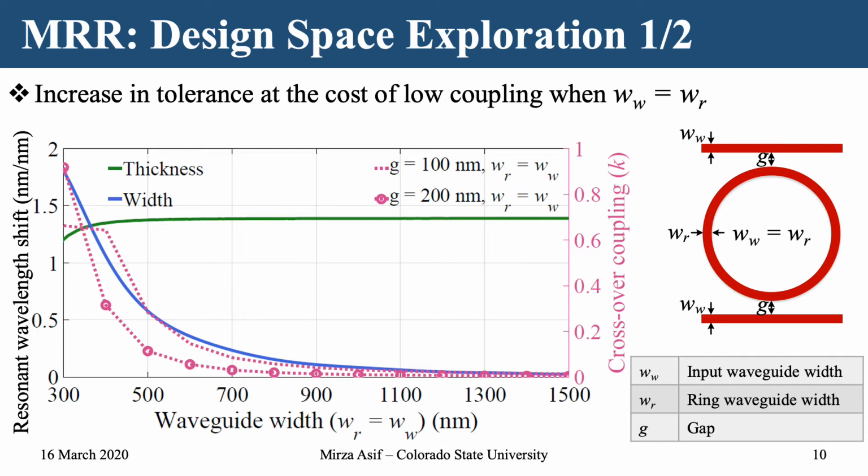On the left hand side is the resonant wavelength shift with respect to width, which is the blue line, and thickness, which is the green line, when the input and the ring waveguide widths are equal.